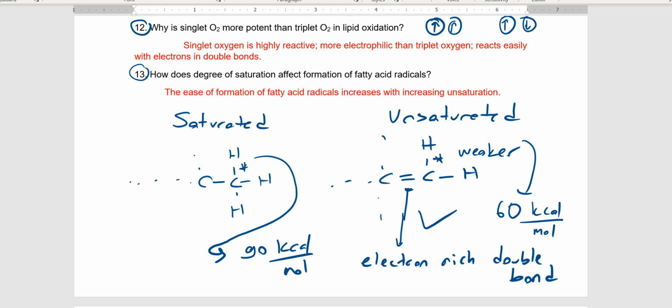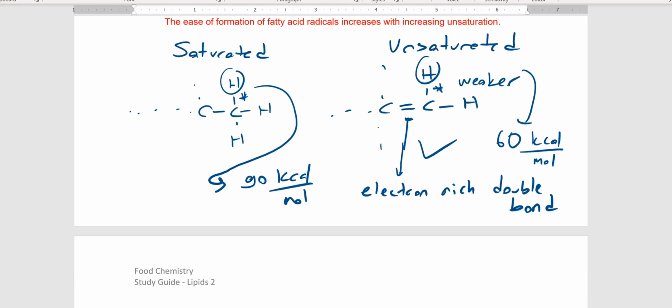Okay, as we said before, as the bond dissociation energy of the carbon-hydrogen bond decreases, hydrogen abstraction, hydrogen removal becomes easier. So lipid oxidation will become faster. Okay, that's the reason. Unsaturated lipids are easily oxidized. Okay, let's see the last question.